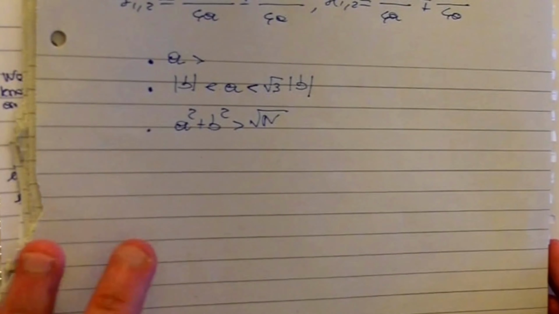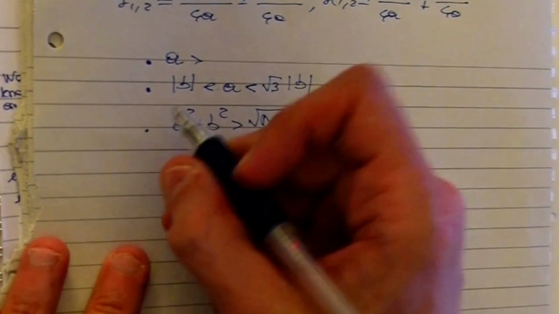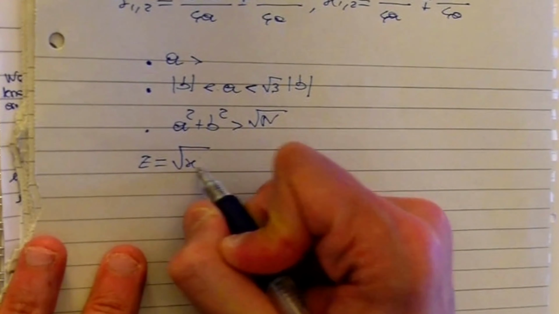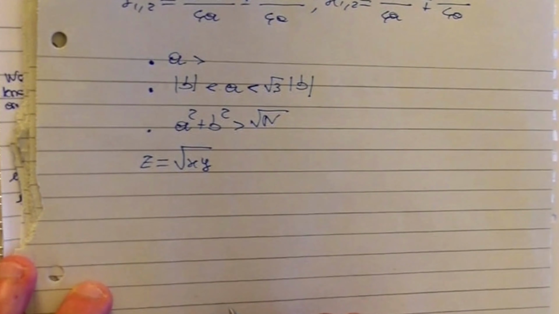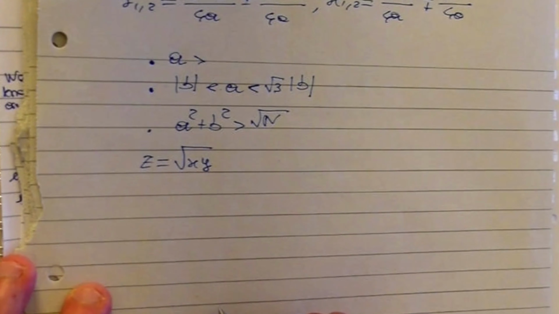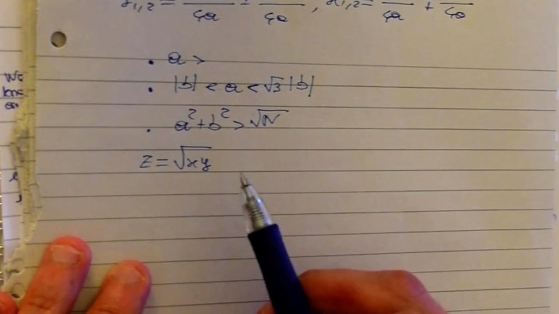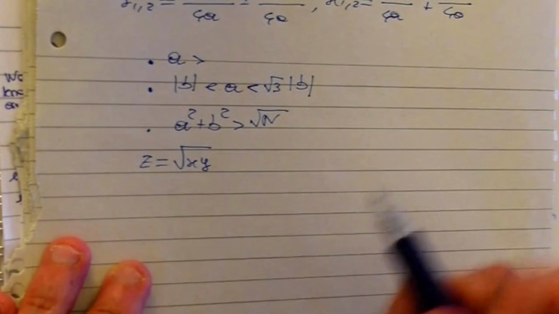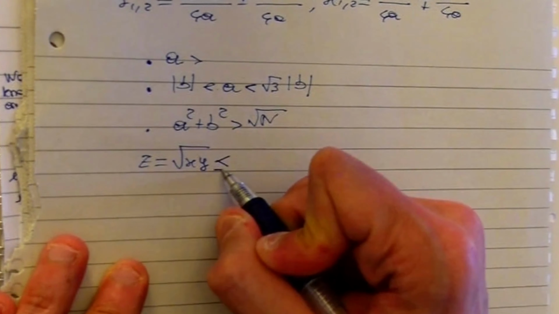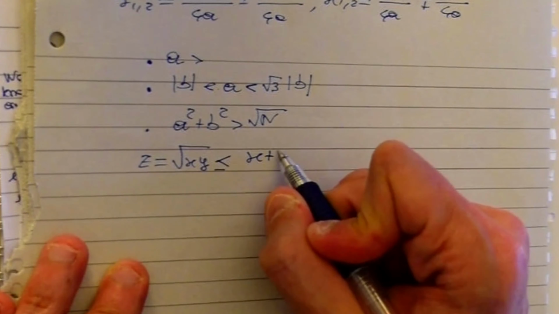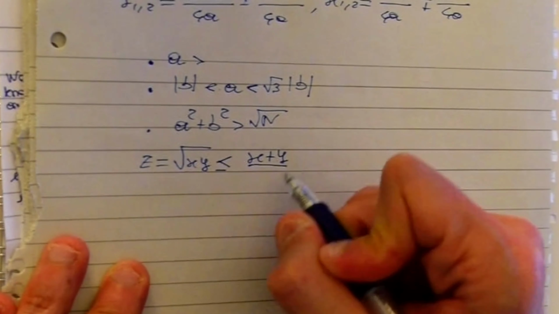What about z? In this case, we know that z is the square root of xy. This is nothing but the geometric mean, and provided that x and y are not the same, this is always less than the arithmetic mean, x plus y over 2.